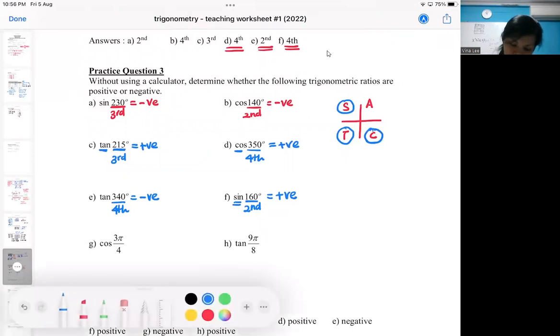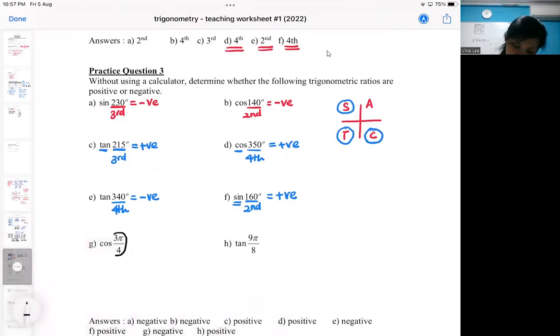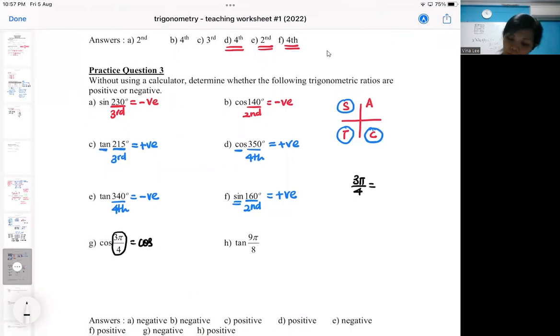What happens when you get it in radian? Well, you can convert if you feel comfortable. If you still remember, refer to the first page. How would you convert? You multiply by 180 over pi. So you get 130 degrees. That is second quadrant, sine positive. So this one is negative on your calculator.